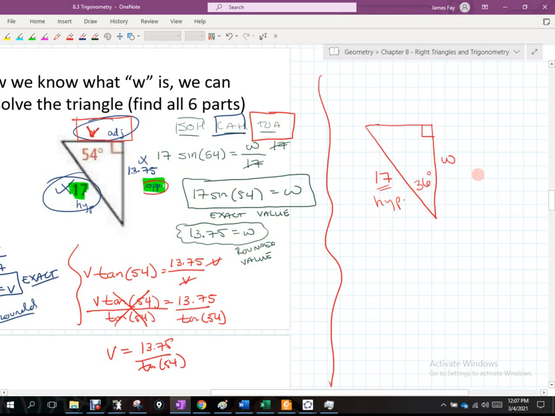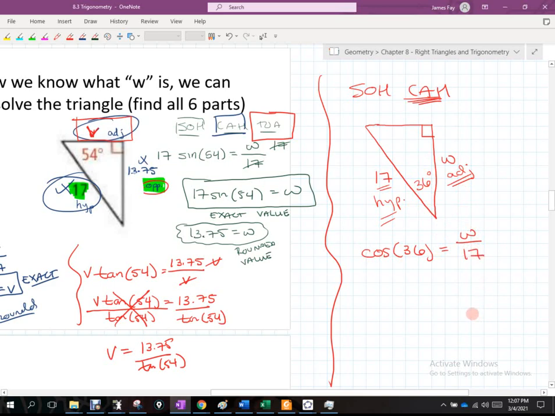Hypotenuse. And W would be the adjacent. Can I say what trig ratio uses adjacent hypotenuse? Yep, it's the cosine. So cosine, so Sohcahtoa, so it's cosine of 36 is equal to adjacent over hypotenuse, right?